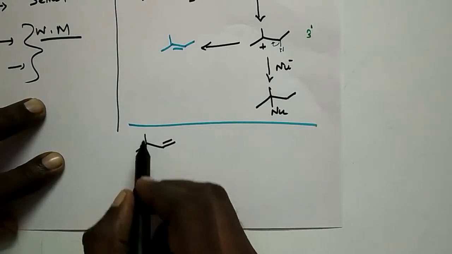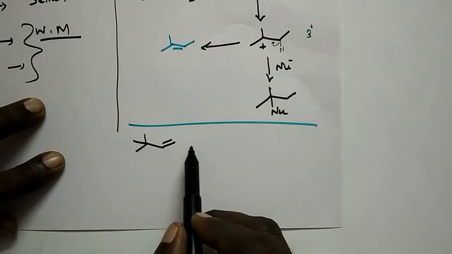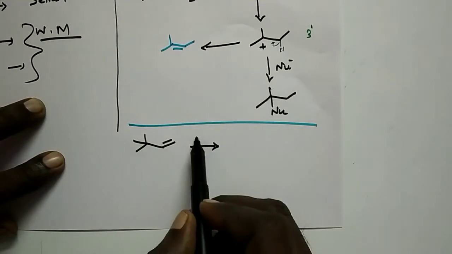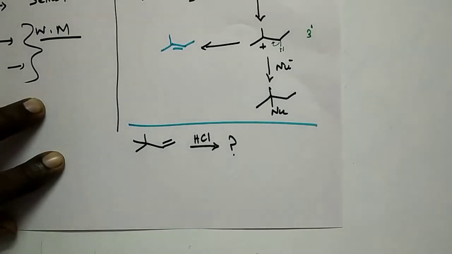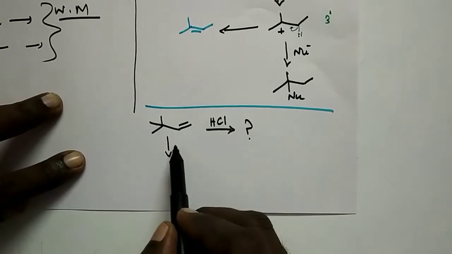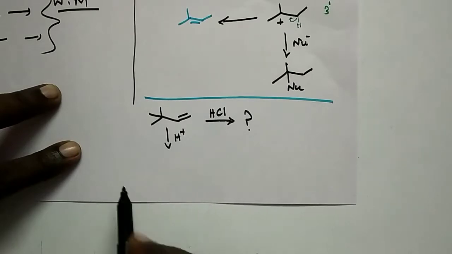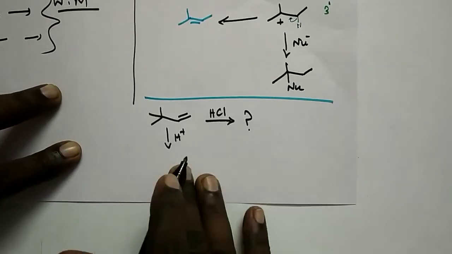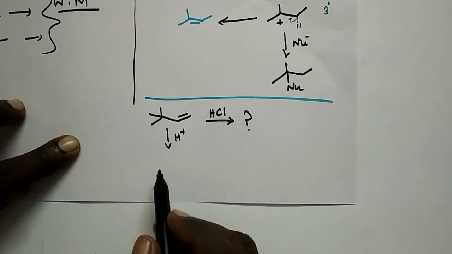I have an olefin. Now let me treat with HCl. What is the product? The first step is H plus reacts, the proton reacts according to the Markovnikov rule.